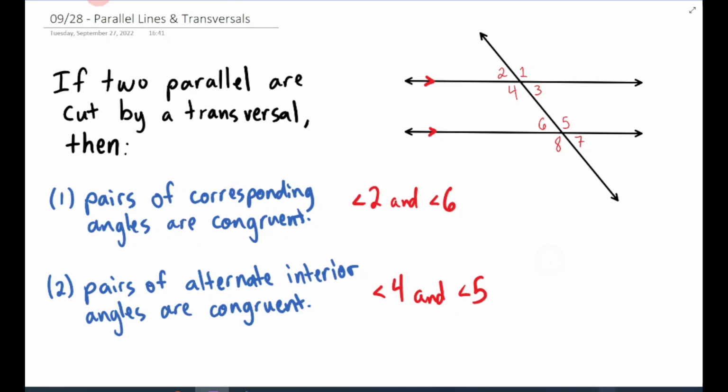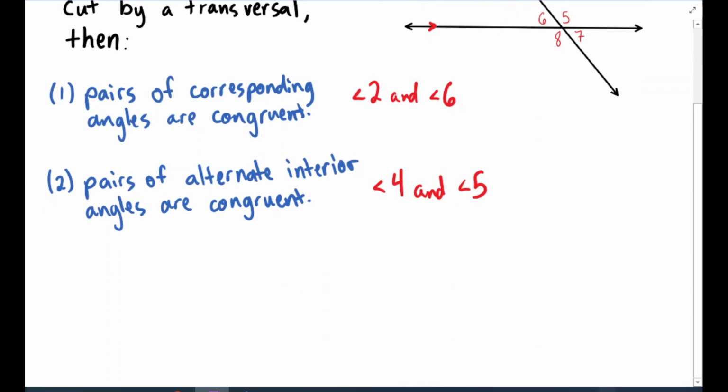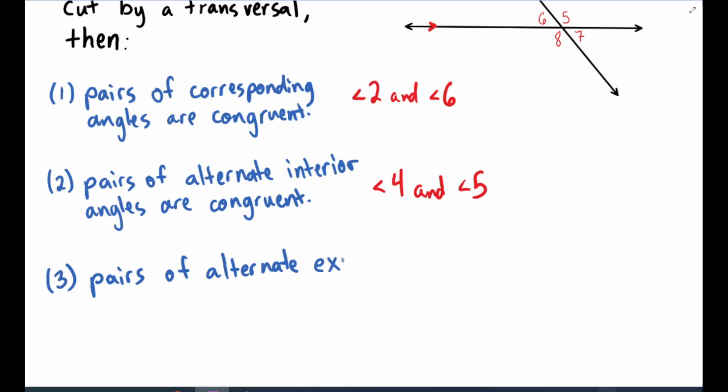After that, we have the alternate exterior angle theorem, which you might guess says that pairs of alternate exterior angles are congruent.